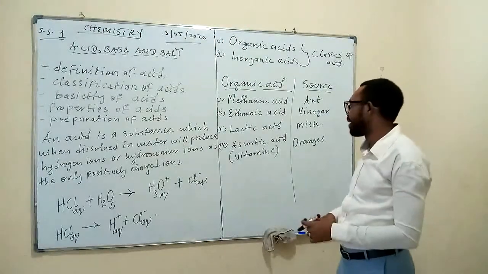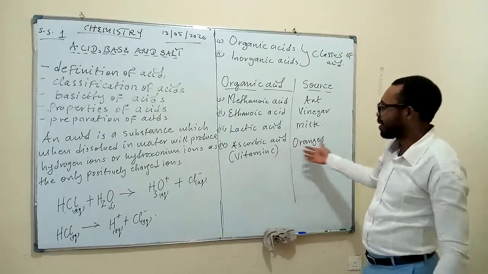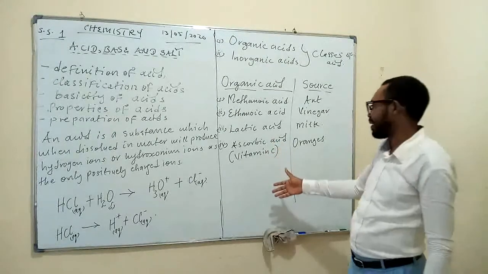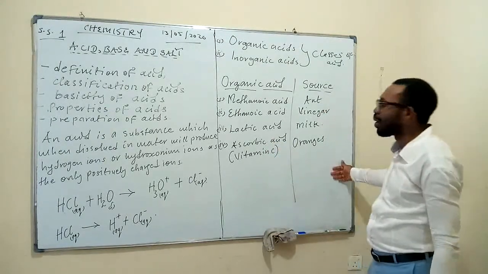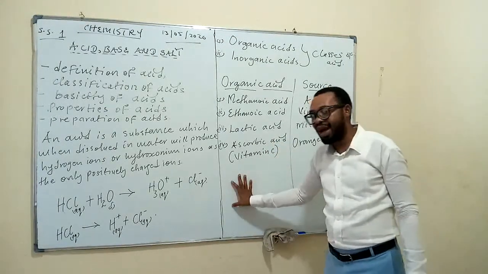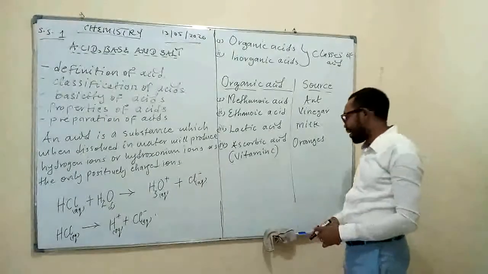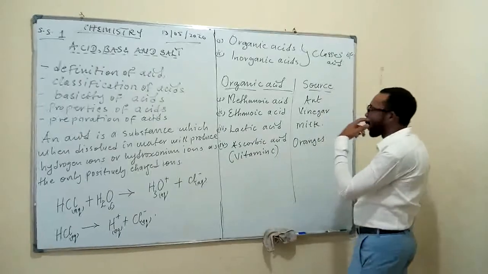You have citric acid from citrus fruits. You have fatty acid from fat and oil. You have amino acid from protein, and so on and so forth. Those are other examples of organic acid.